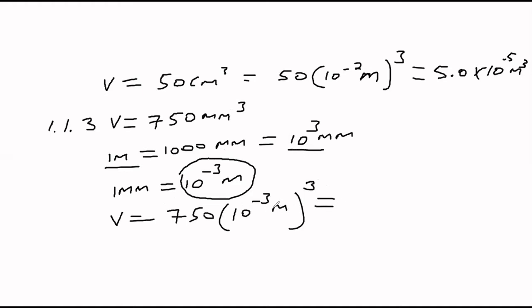Okay, let us punch it into our calculator. So the answer is 7,5 times 10 to the power negative 7 meter cubed. So we have converted a millimeter cubed into a meter cubed. Okay, let's go to the next question.